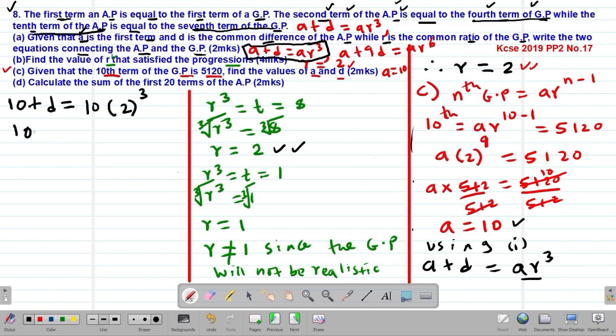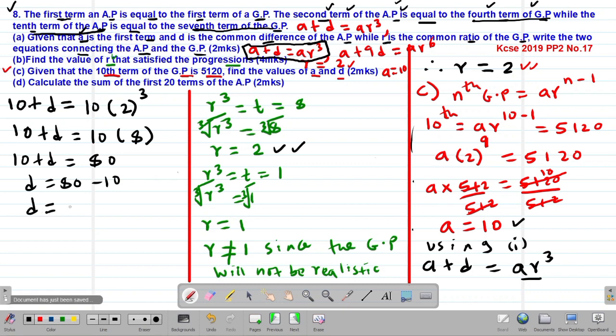So this will be 10 plus D is equal to 10 into bracket 2 power 3, which is positive 8. So 10 plus D gives us positive 80. Therefore, D will be equal to 80 minus 10, which is 70. Therefore, our common difference is 70. So we've answered part C of the question.